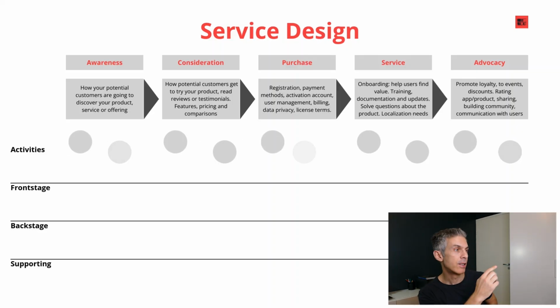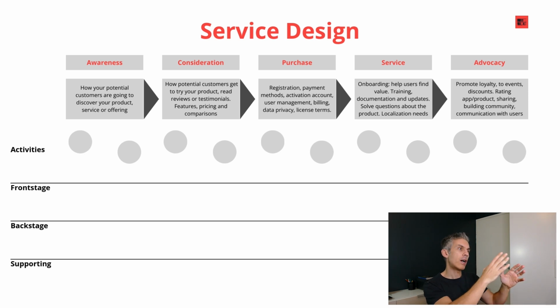Because once you understand these journeys, and once you understand in your service design how the actions of the users are flowing, what is the content that you are creating to answer those actions or those questions that they are posting or those activities they have, how do you see that this flow is going to go from the discovery to the consideration to the purchase to the retention and to the loyalty?